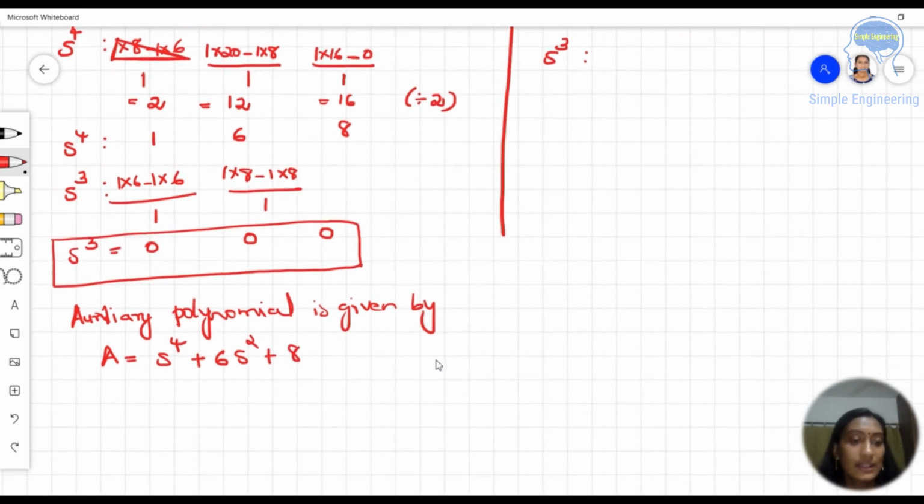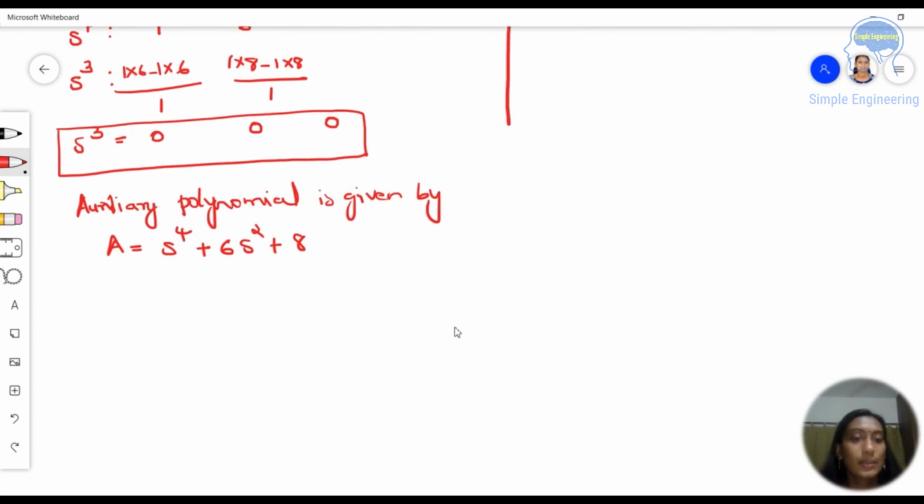In order to proceed, you have to take the derivative, that is dA by ds, the derivative of A with respect to s. So this will become 4s cube plus 12s, and if you take 4 outside, you will get s cube plus 3s.